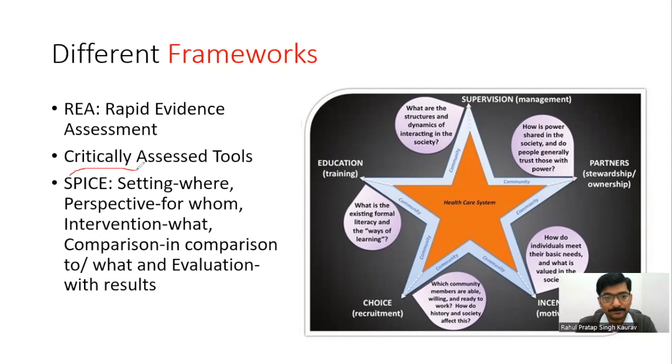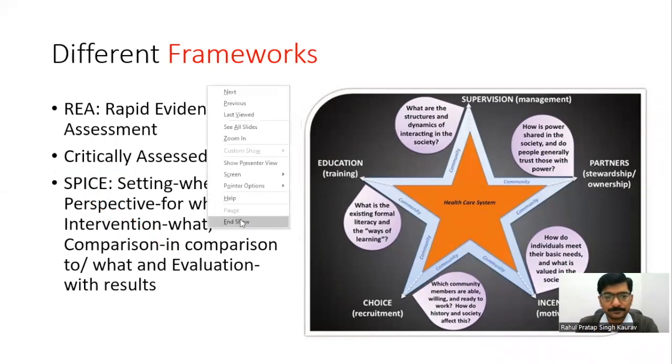S is setting, P is perspective, I is intervention, C is comparison, E is evaluation. This is one example of how you can perform a framework-based review of literature.